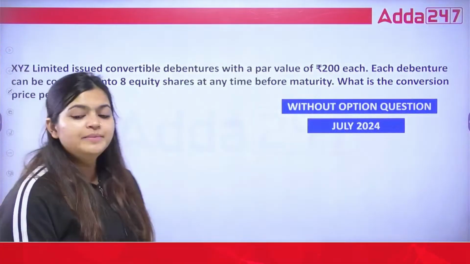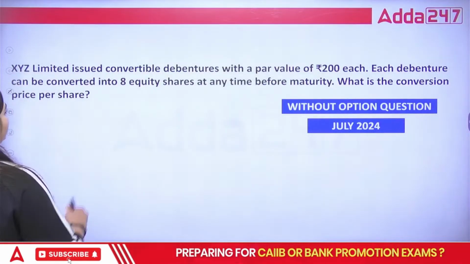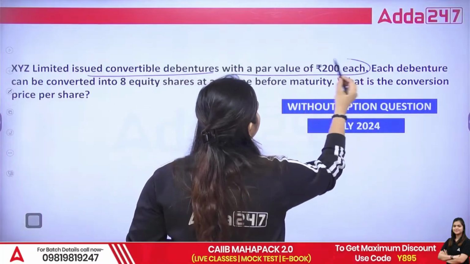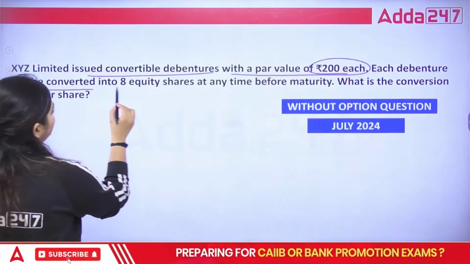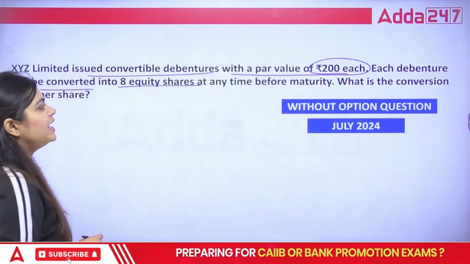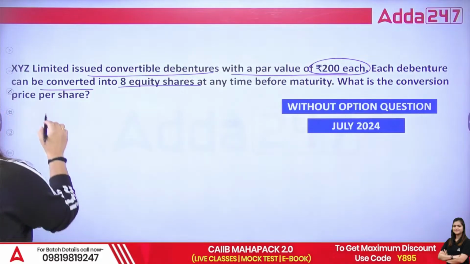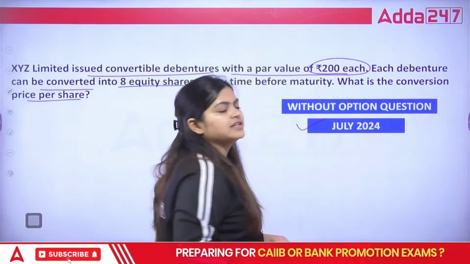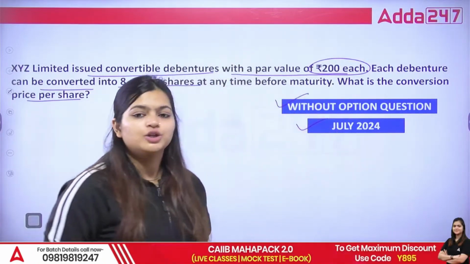Now coming to the next question on your screen: XYZ Limited issued convertible debentures with a par value of 200 each. Each debenture can be converted into 8 equity shares at any time before maturity. What is the conversion price? As you can see, this question was asked in July 2024, and that too as a without-option question.